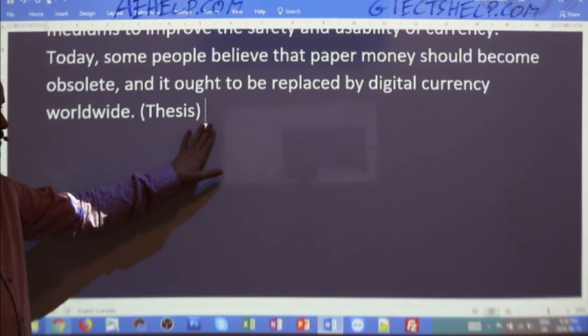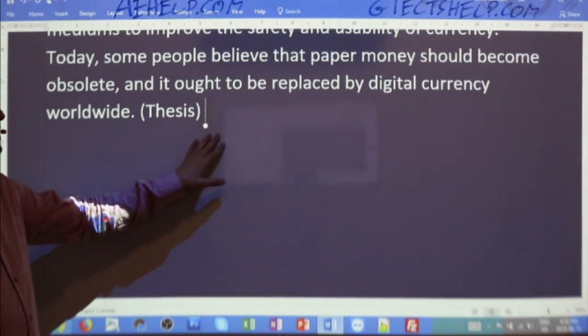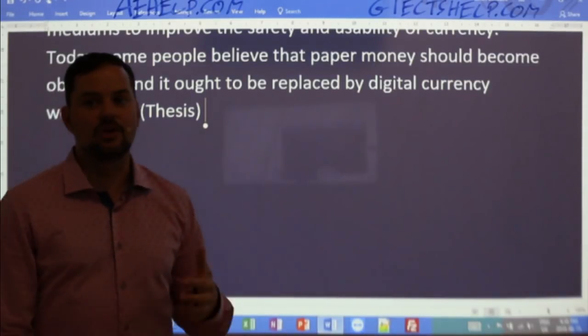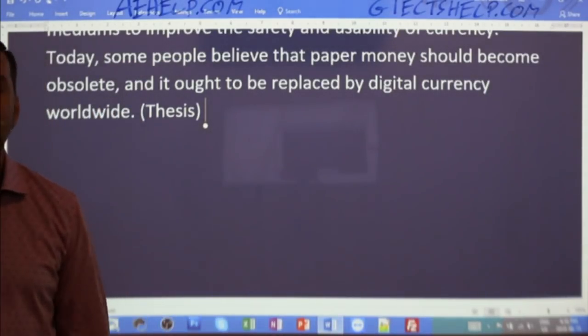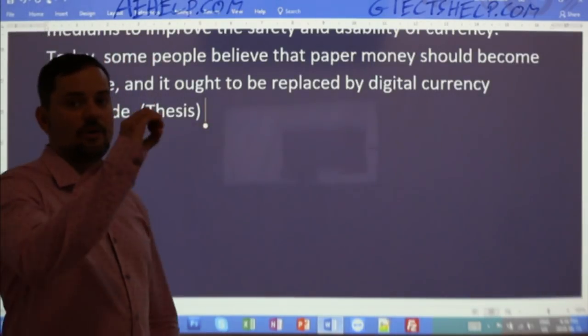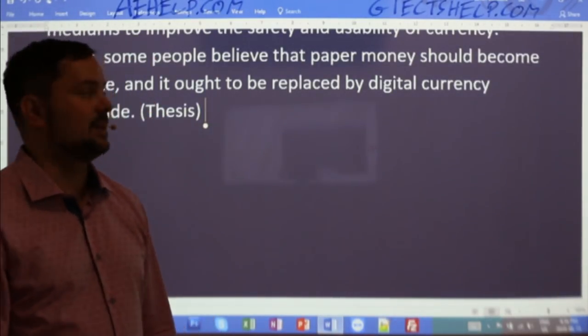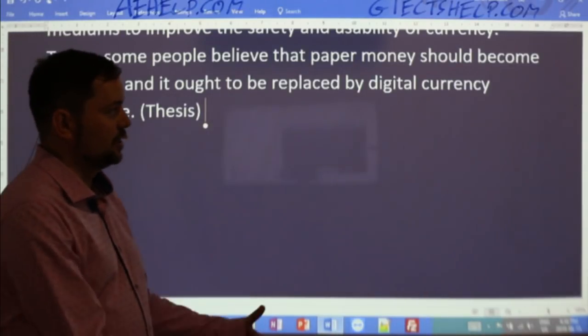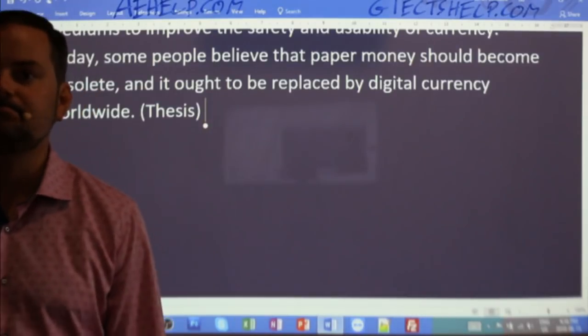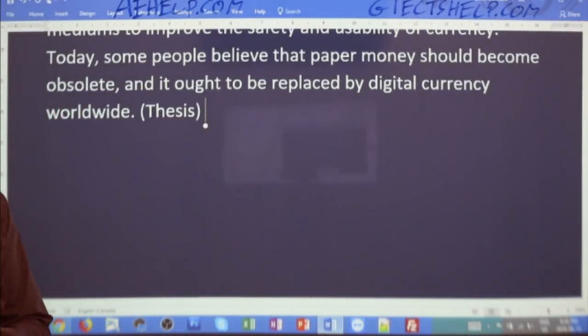Please do not write something like, in this essay, I will discuss why digital money is better. That's not a good thesis, okay? If you tell me you will discuss why digital money is better, you get 0 points for your thesis because it has no value, because I know that's what you're going to discuss when I read the rest of your essay, okay? Don't somewhat disagree here, Amar.